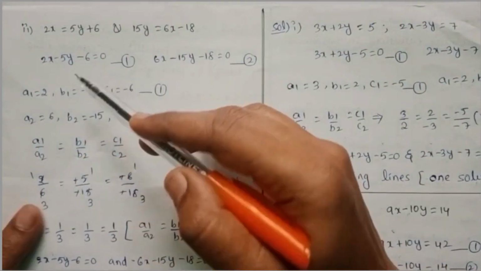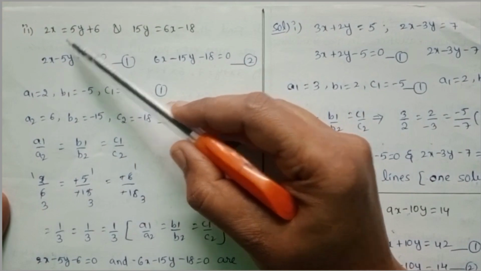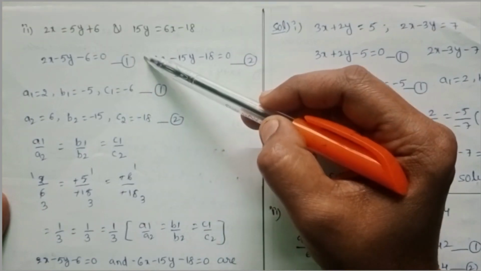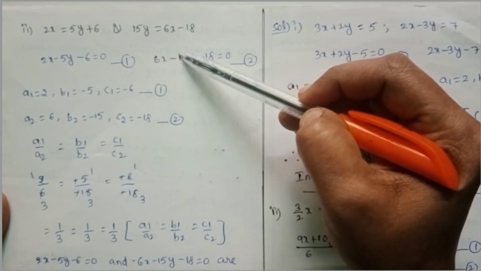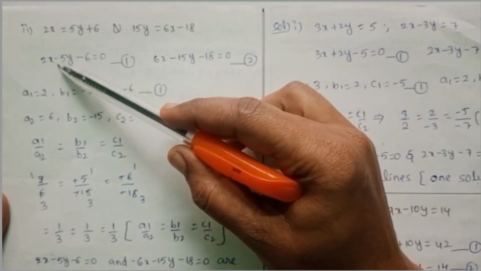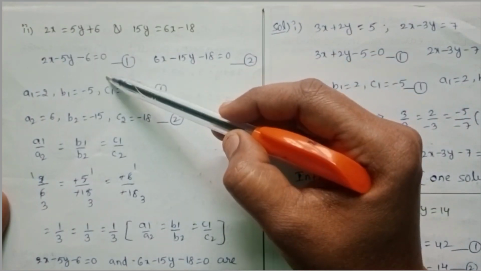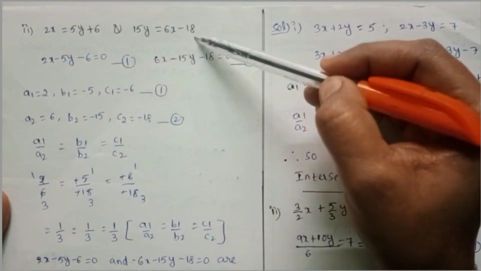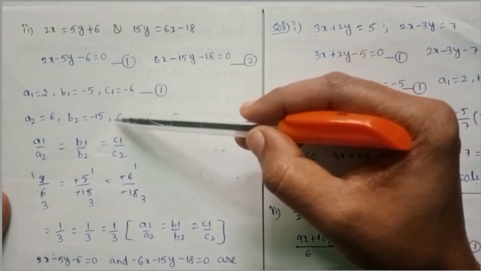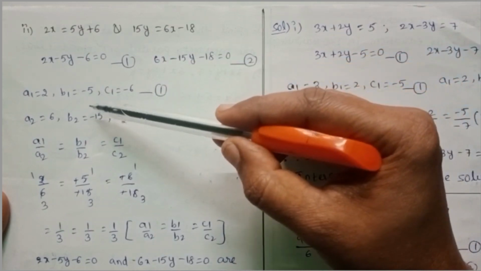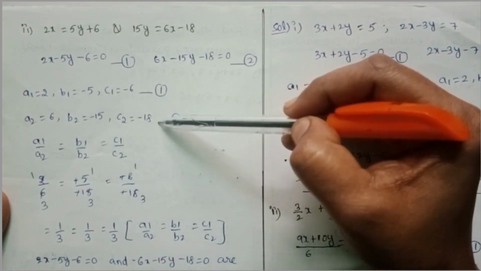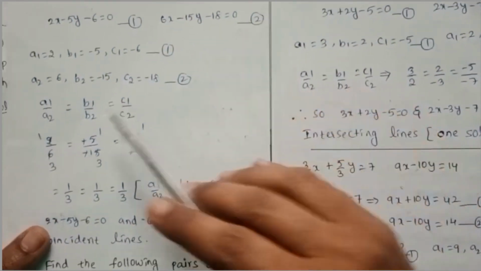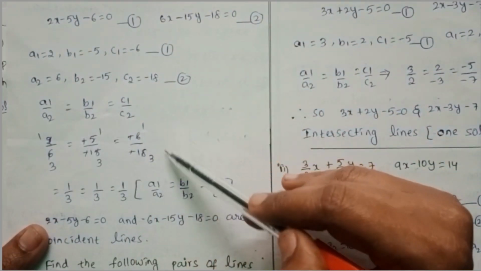Next, second question, same as the first question. 2x is equal to 5y plus 6 and 15y is equal to 6x minus 18. First write in order: 2x minus 5y minus 6 is equal to 0. Here 6x minus 15y minus 18 is equal to 0. Again write the a1, b1, c1 and a2, b2, c2 values, and apply a1 by a2, b1 by b2 and c1 by c2.